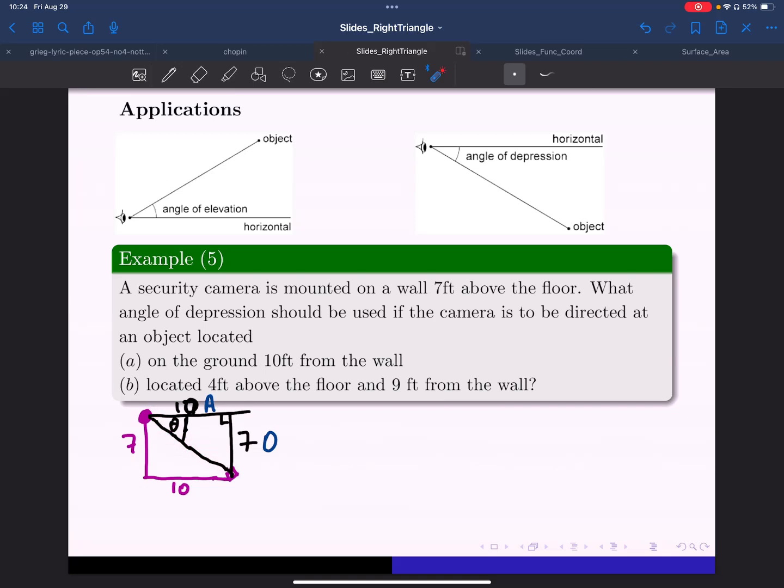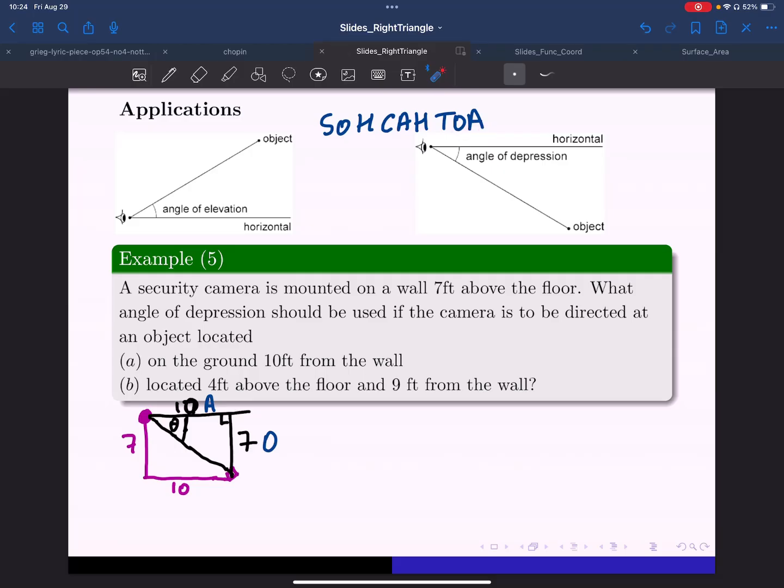So we're looking for which trigonometric ratio combines opposite and adjacent. If I use my SOHCAHTOA, what trig ratio is using opposite and adjacent?